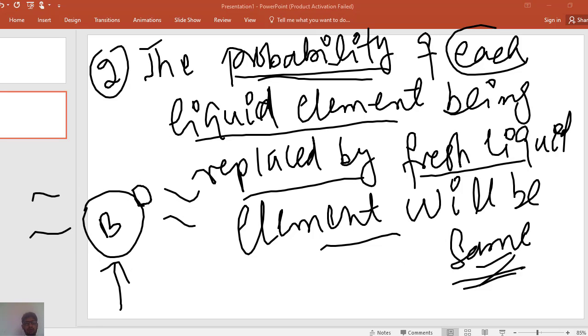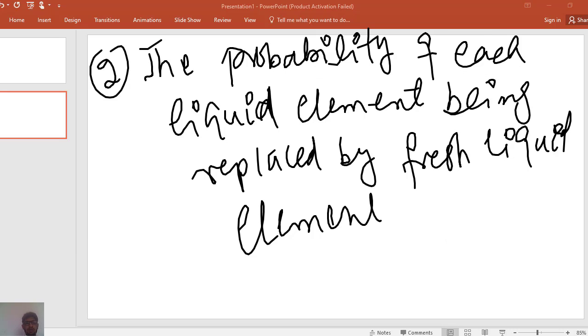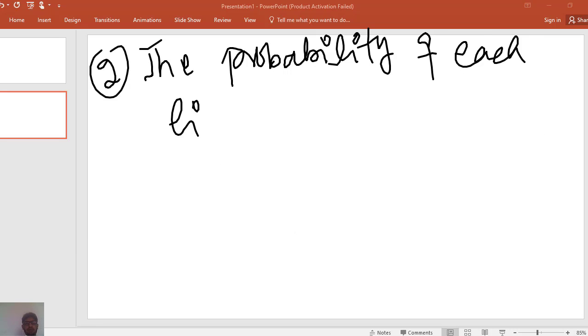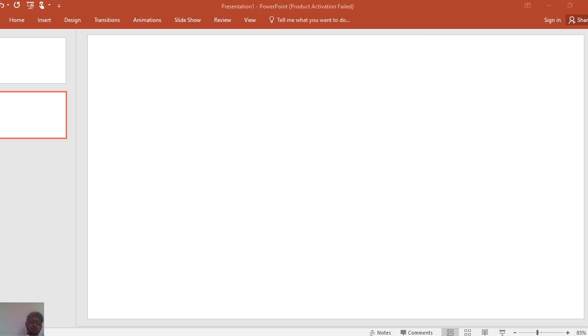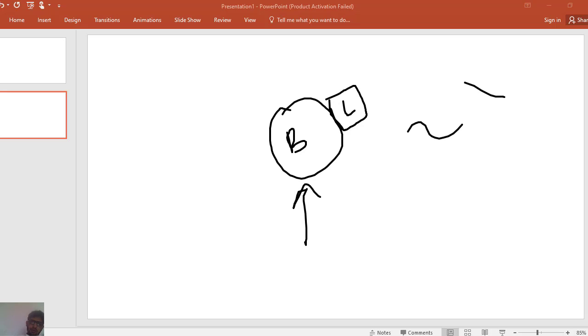The third assumption of the surface renewal theory is that unsteady state mass transfer will take place when the liquid element comes to the surface of the gas. Suppose this was the bubble, this was the liquid, and it is rising in the bulk of liquid.